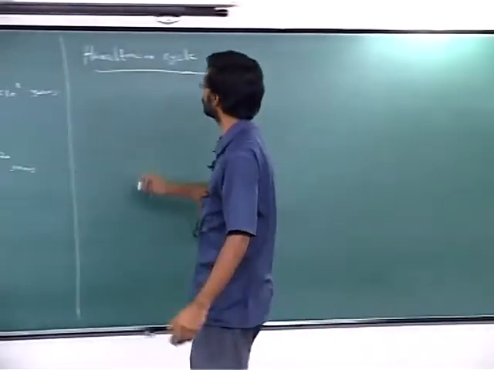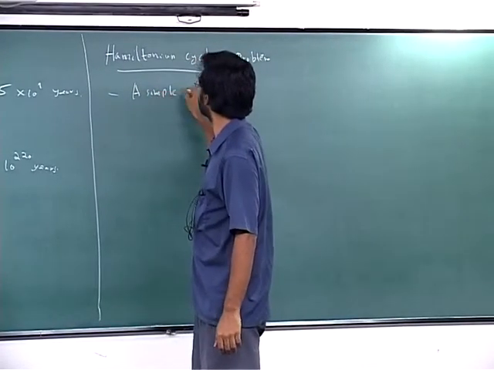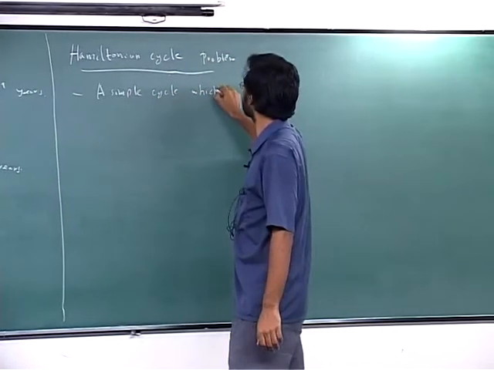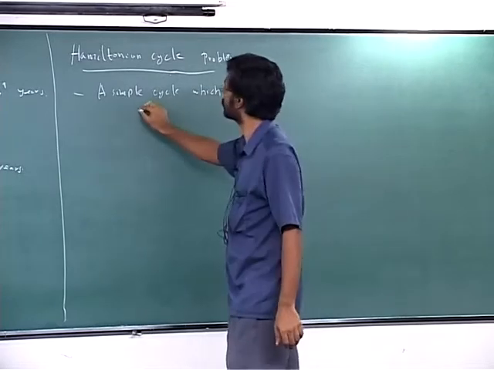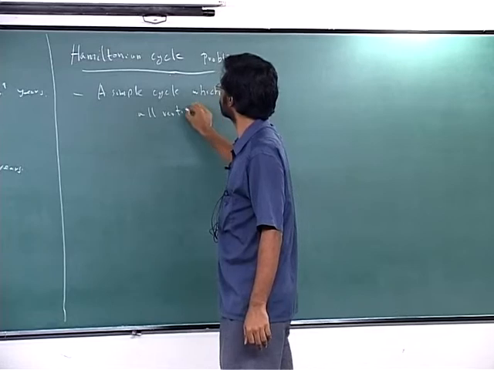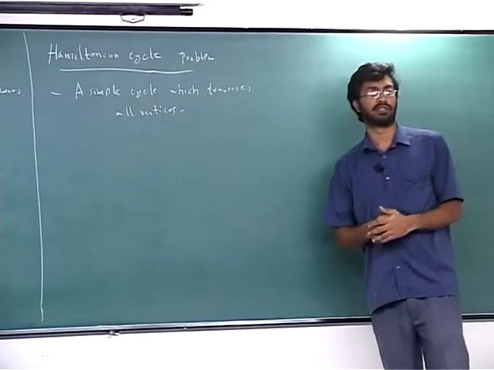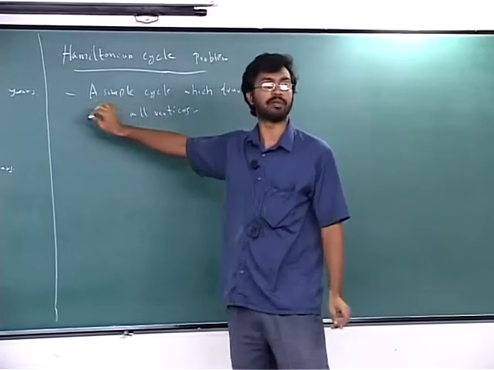A simple cycle which traverses all vertices. You understand what I mean by a simple cycle?